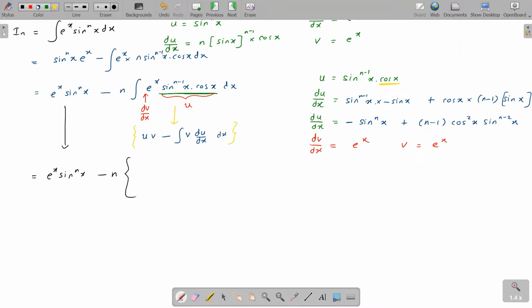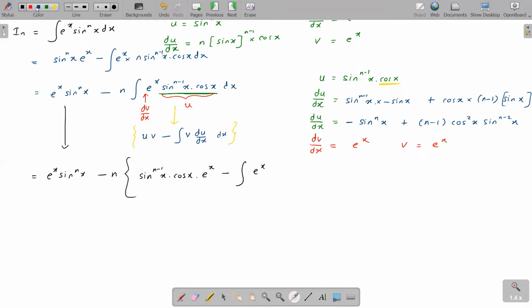So I will be applying this rule here. Let's apply. So uv, who is our u? You can see I have written the u and v here. u is sine^(n-1) x cos x, v is e^x. uv minus integration of v times du by dx. So who is du by dx?